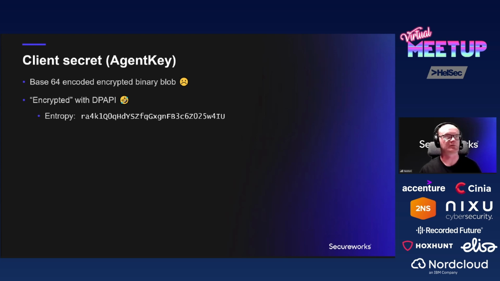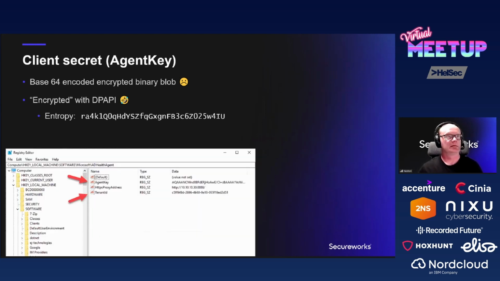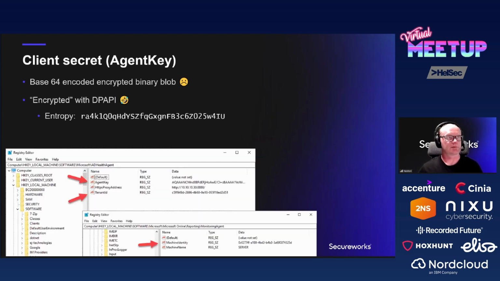I was able to get that out of the agent binary. So there's the agent key, and the tenant ID and the machine identity can also be found in the registry. Okay, so I will come back to this later.